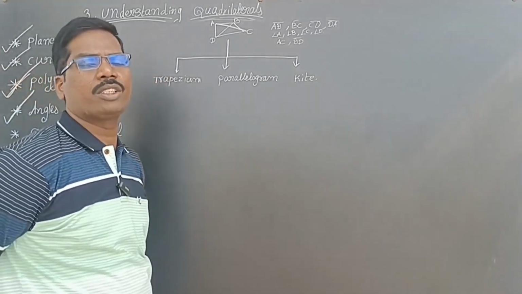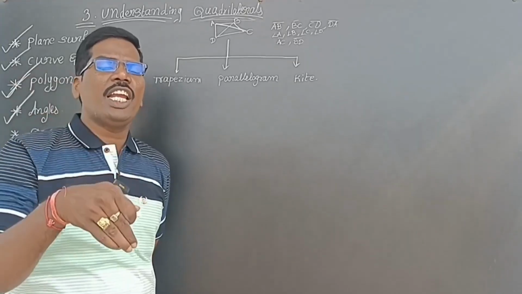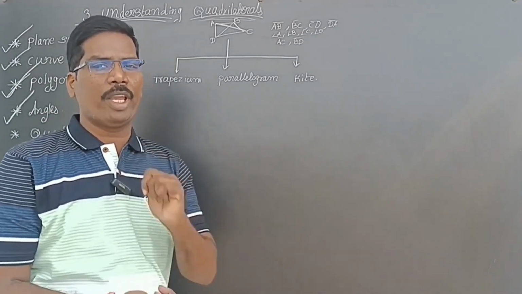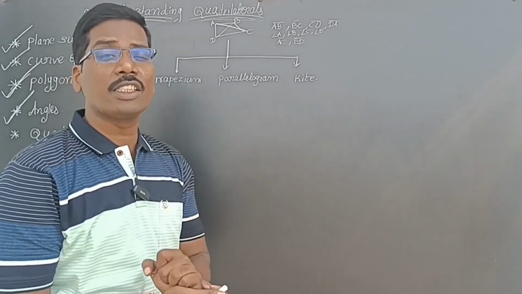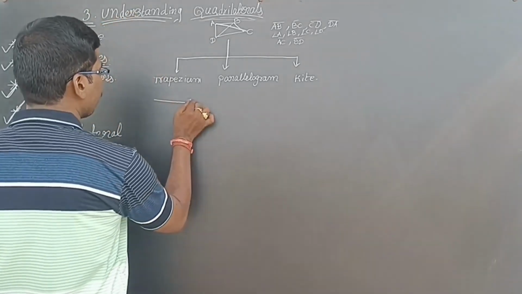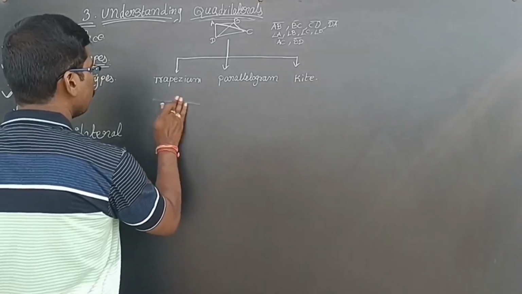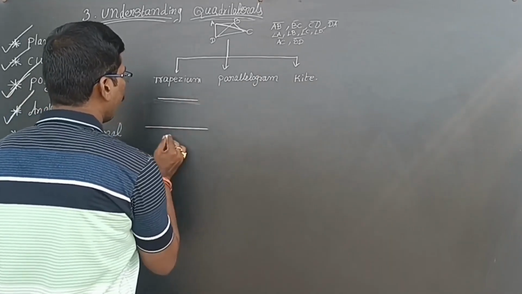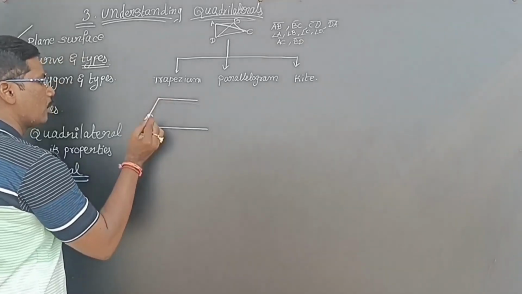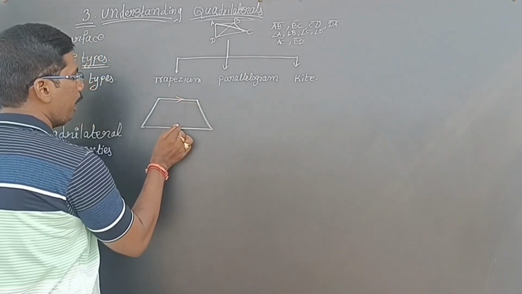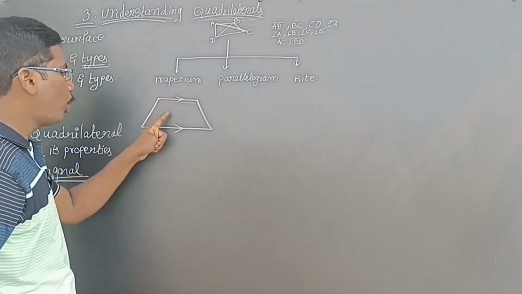A trapezium means a quadrilateral in which one pair of opposite sides are parallel. Only one pair. That is called a trapezium. See, this side and this side, one pair of opposite sides.